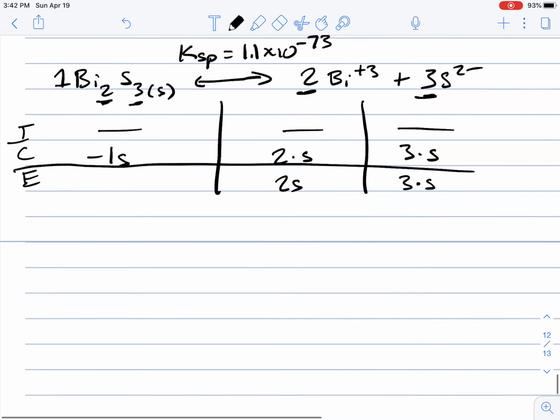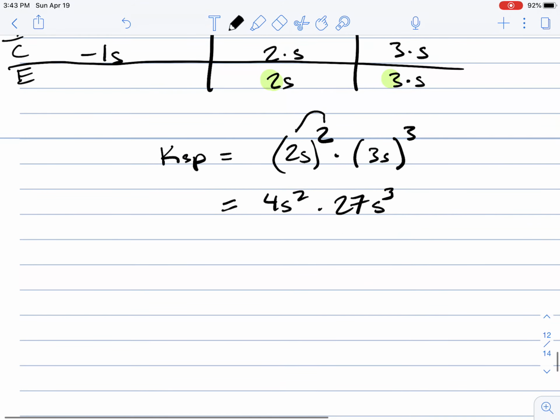And so here we get (2S) squared times (3S) to the third. So I'm distributing the 2 and the 3. 2 squared is 4. 3 to the third power is 27. So that's 3 times 3 is 9, times 3 is 27.